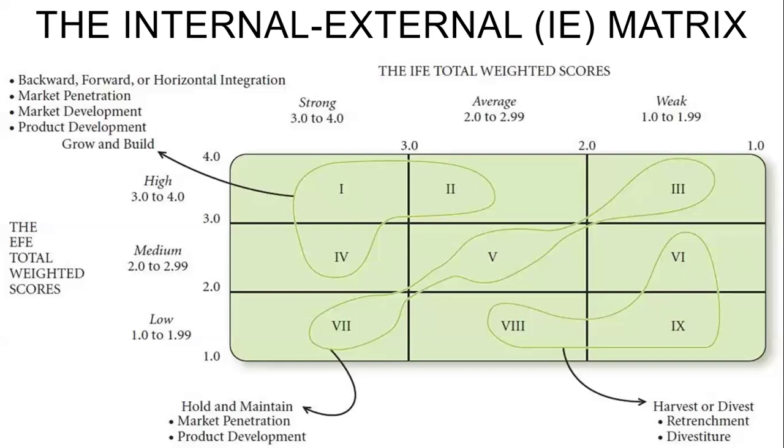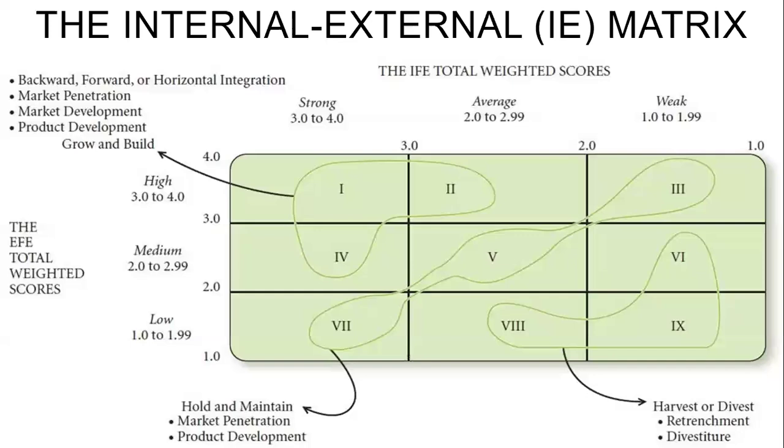But if you are getting something above 0.25, then you are also generating indicators that warrant an opportunity or a strength. So when you do the permutations, you will get nine different quadrants ranging from I to IX.